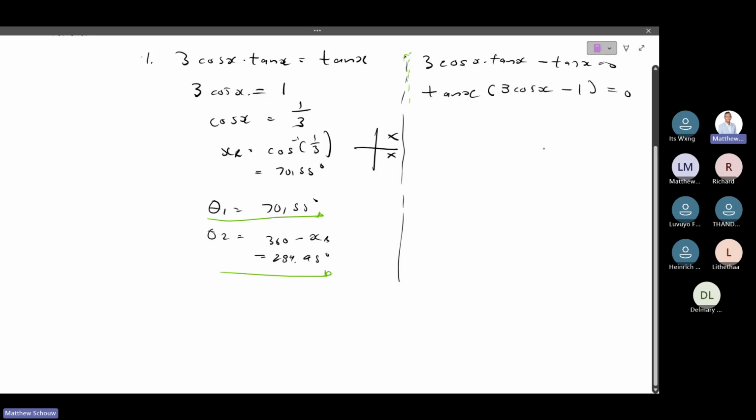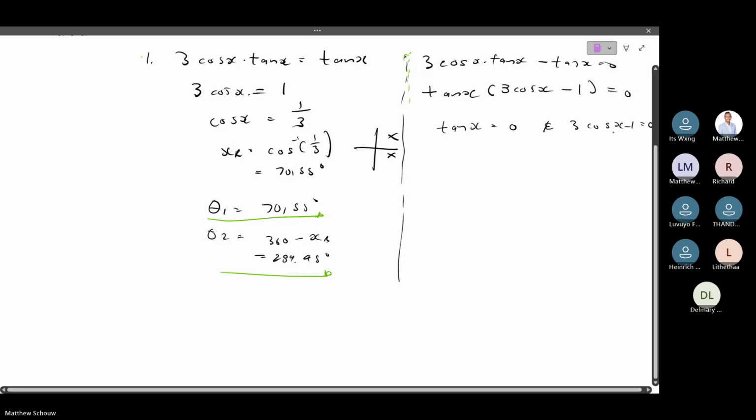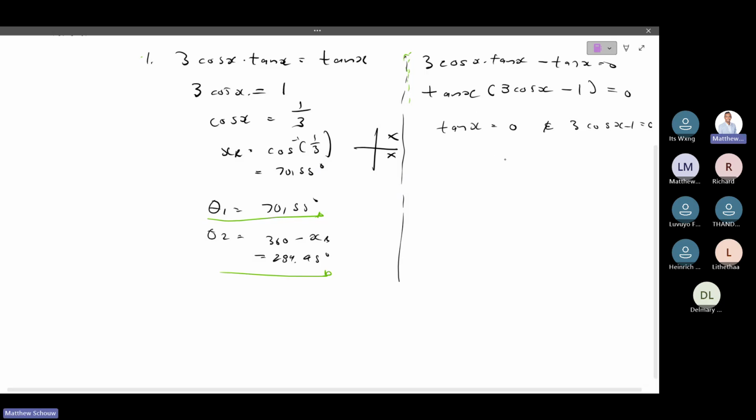Can you see over here, we still have the same setup. So one equation will be tan x equal to 0. Can you see that? Yes. And the other one is 3 cos x minus 1 equal to 0. This one is already done on this side. However, here we have tan x equal to 0, and now we have to sort this out.